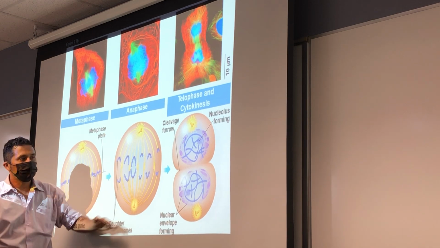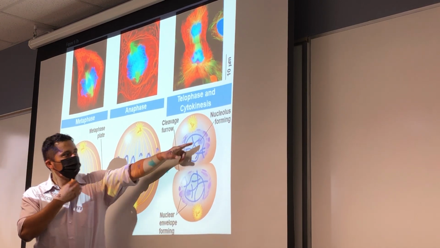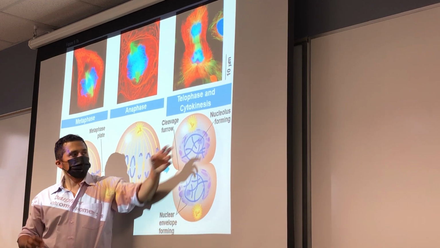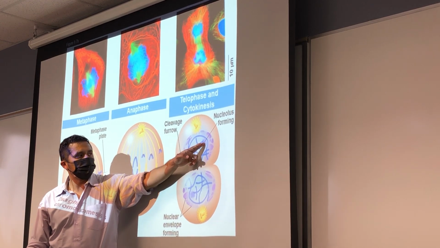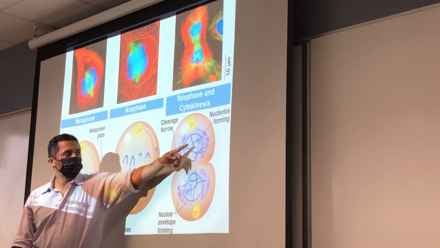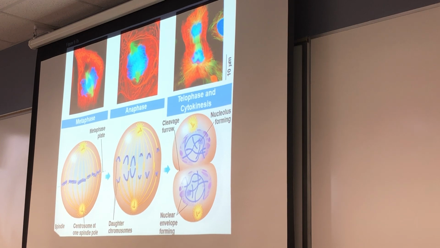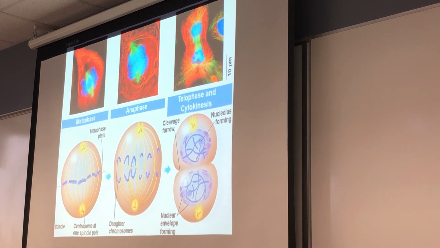Now they have been separated, so they don't need that anymore. And you will see the DNA begin to uncondense, okay? And you will see nucleolus formation as well. Once you see nucleolus formation right there, that tells you that you are in the end phase of mitosis, in the telophase. Okay.